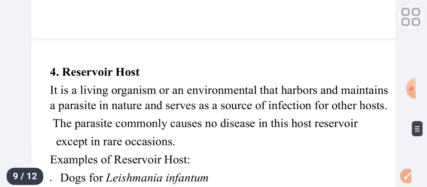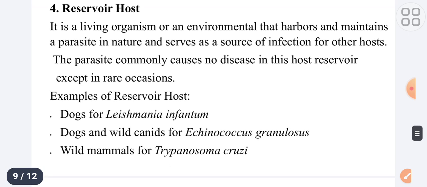So we come to the reservoir. This is a store of the parasite in nature, for preservation of the parasite in nature. It is a living organism, that is a reservoir host, or maybe an environment, not a living organism, that harbors and maintains a parasite in nature and serves as a source of infection for other hosts.